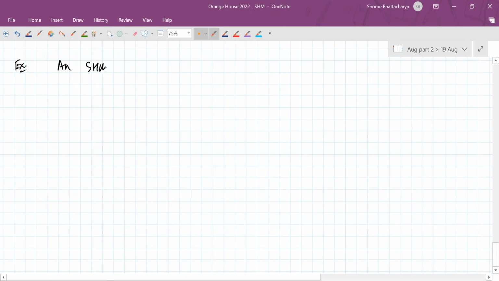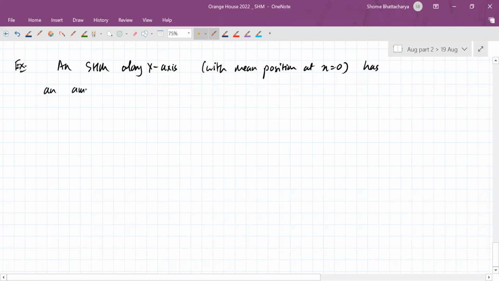An SHM along the x-axis with the mean position at x equal to 0 has an amplitude of 10 centimeters and frequency of 4 hertz.